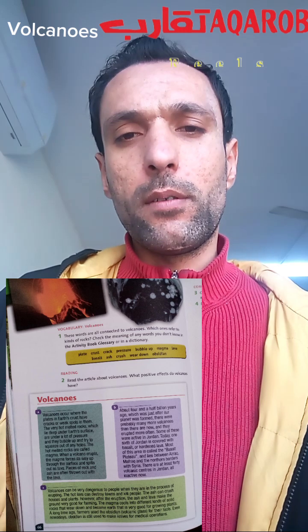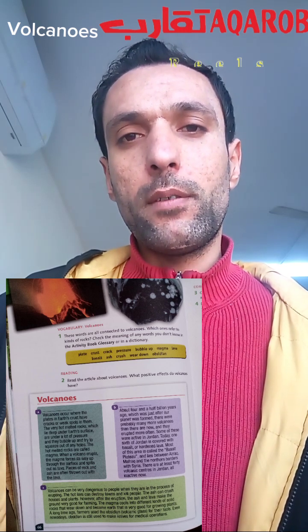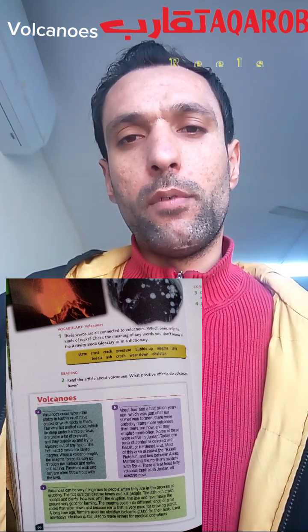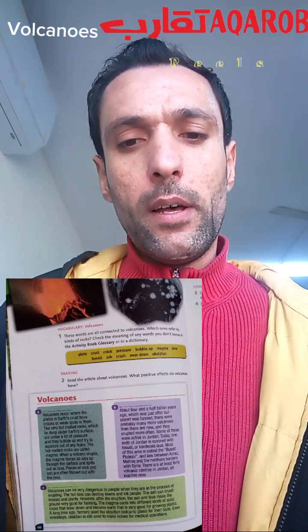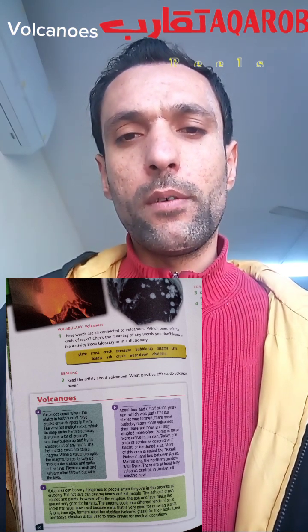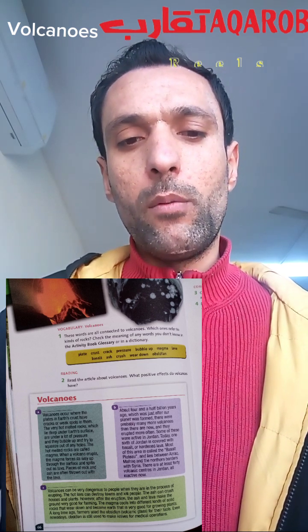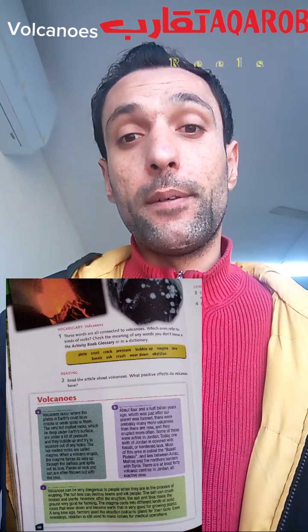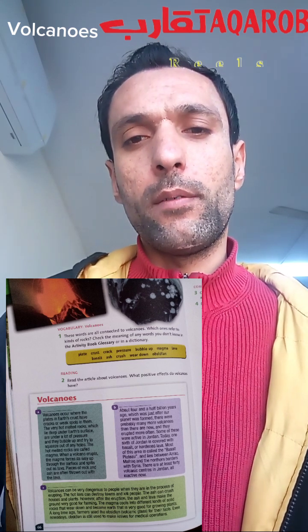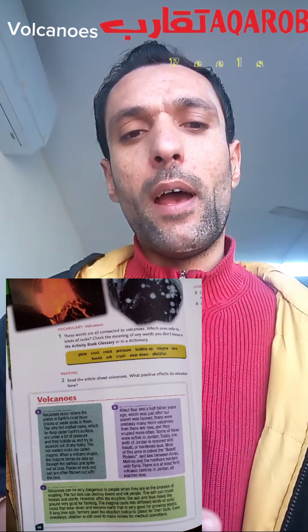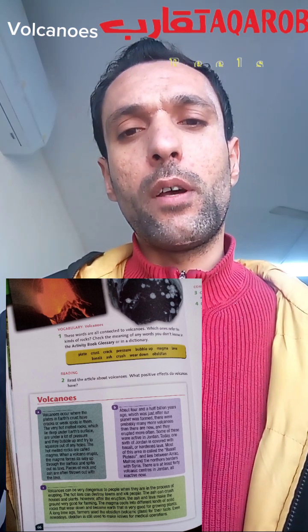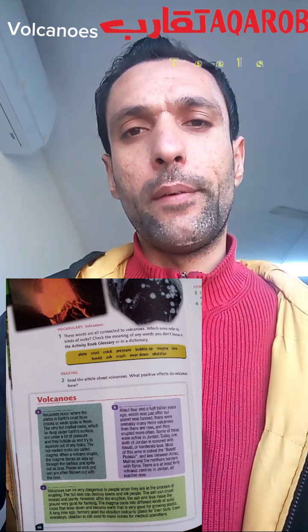Inshallah, we will discuss in this video page 66, volcano. Please have a look at the picture at the top of page 66. Here we have some kind of rocks in the picture on the right, and we have the eruption of a volcano.